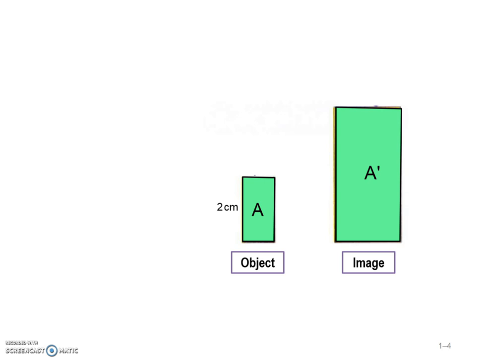Now, if I give you that the length of the side of the object A is 2 centimeter and the image is 4 centimeter, we know that this is an enlargement because it involves a change of size.